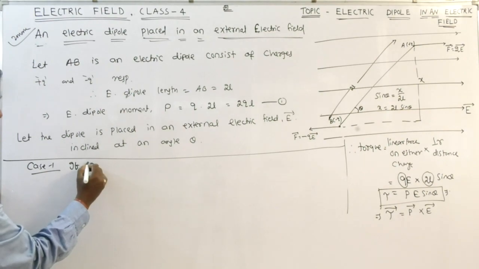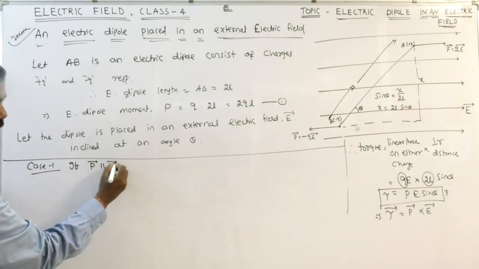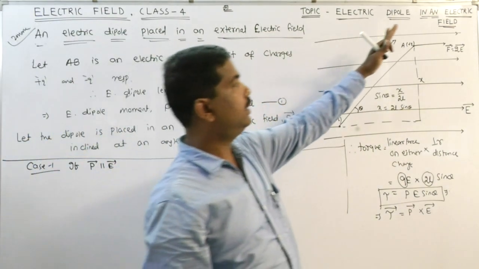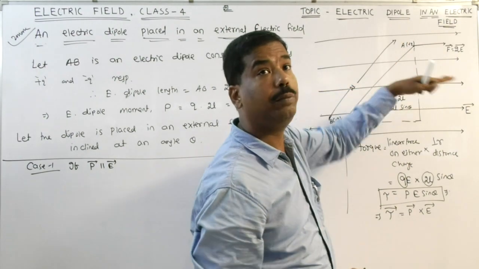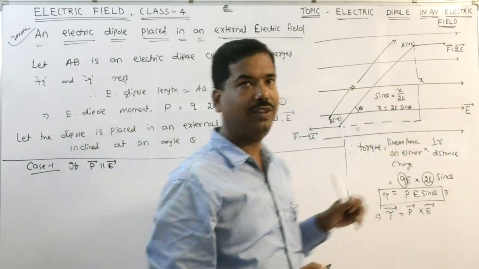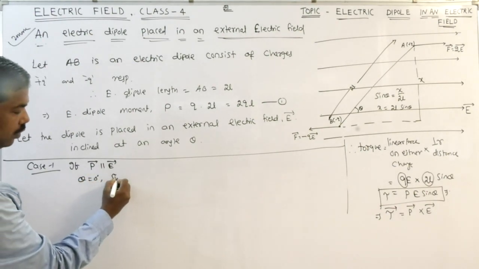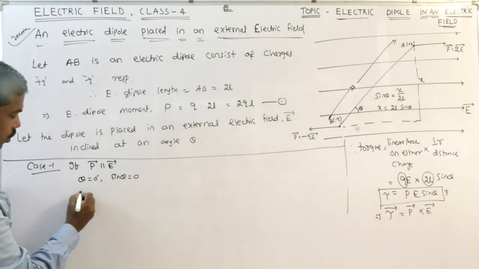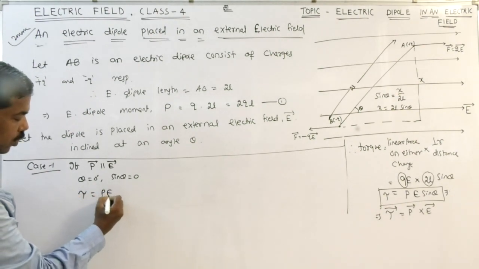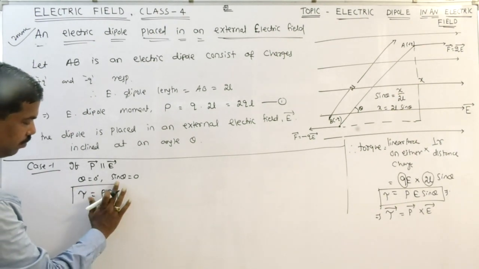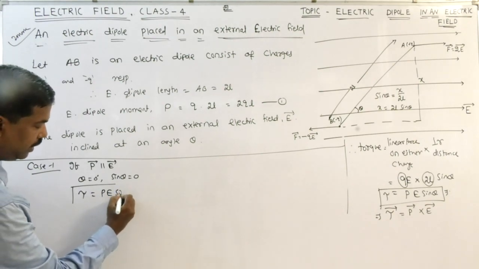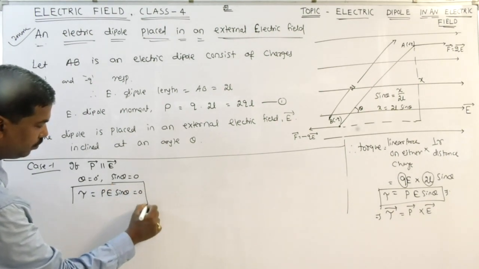If dipole is parallel to electric field, it means this is a dipole, this is parallel to electric field, moving along the direction of electric field. Then theta is equal to 0 degree, sin theta is 0, so torque is equal to pE sin theta is equal to 0.